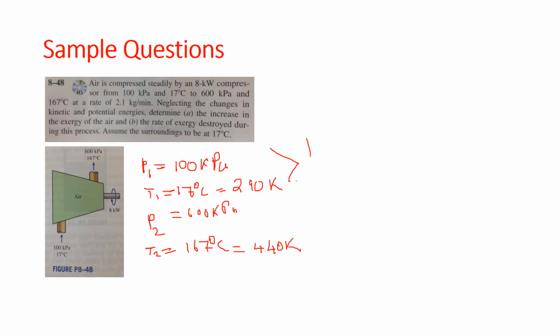So now I will find out H1 and S1, which I found from the property table to be around 290 kilojoule per kilogram, and S1 is 1.6802 kilojoule per kilogram Kelvin. Similarly for this.